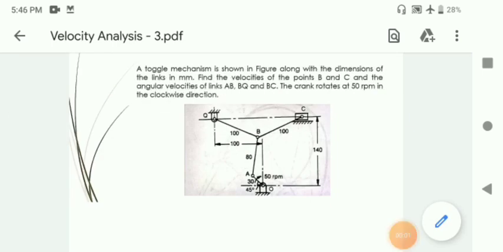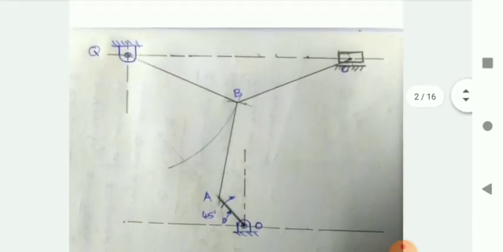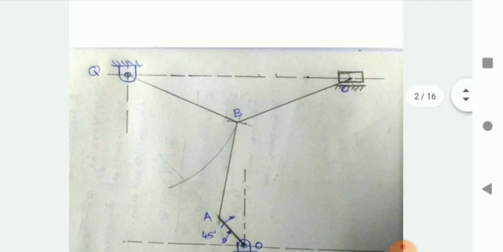To start with, we have to draw the line sketch of the mechanism using the exact dimensions. So using the compass, pencil and scale, you can draw the mechanism. I want to remind you that you have to draw according to the dimensions. Here all the dimensions are given in millimeters.